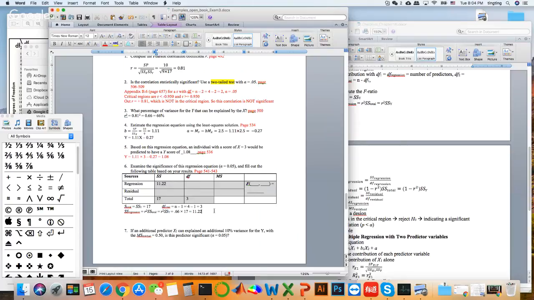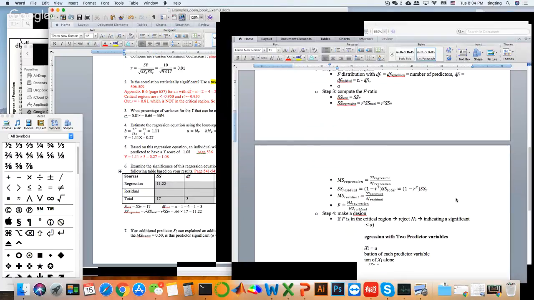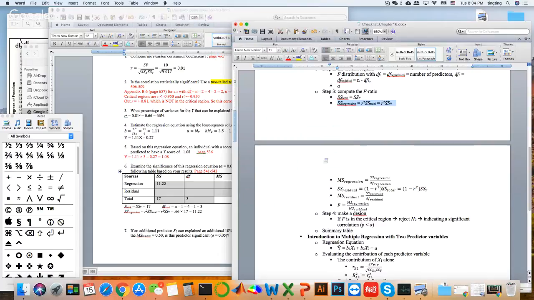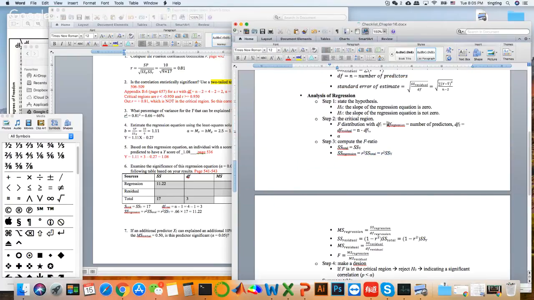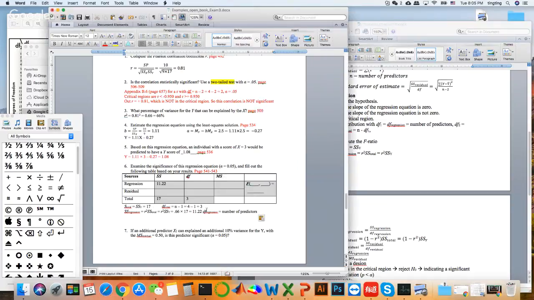And then the DF regression is the number of predictors. Because in the equation here we just have one predictor, just the x, it goes to 1.